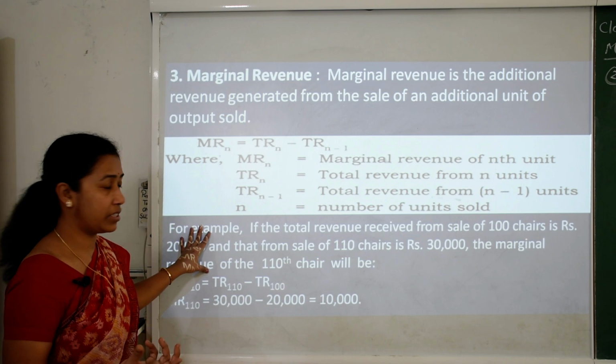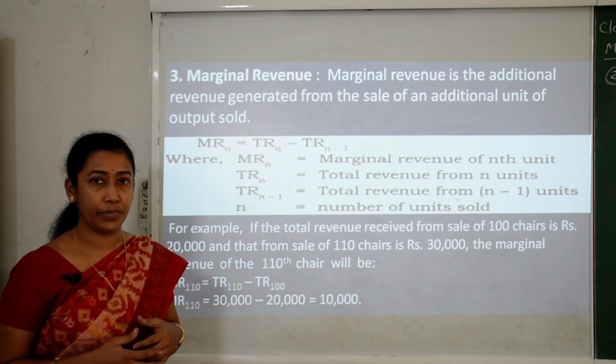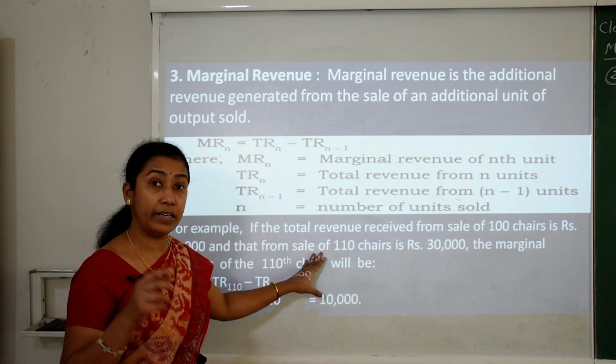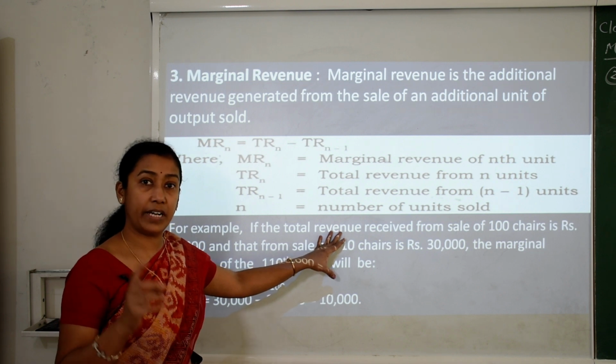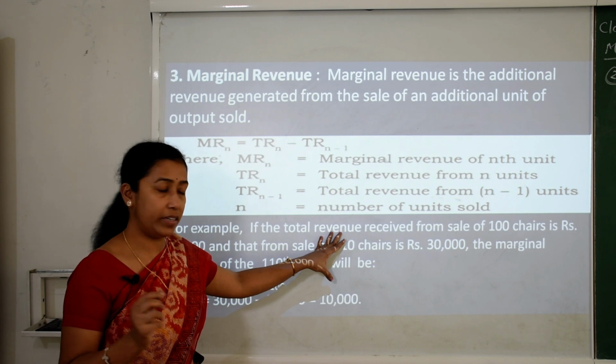For example, let us explain this. If the total revenue received from sale of 100 chairs is 20,000, and that from sale of 110 chairs is 30,000, that means if a firm sells 100 chairs at a price of 200, the total revenue it will receive is 20,000.